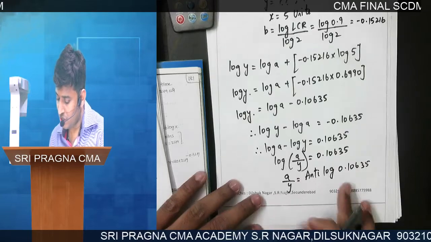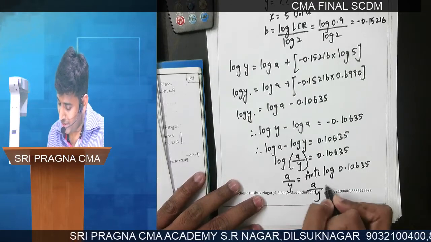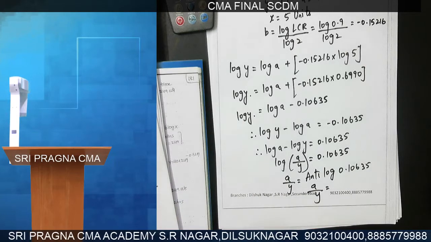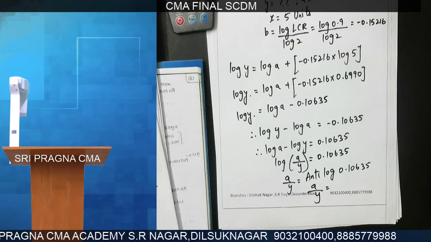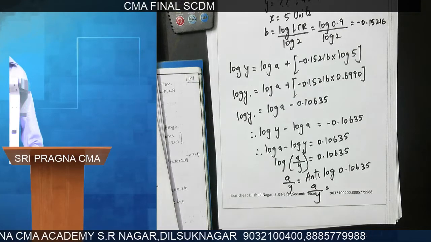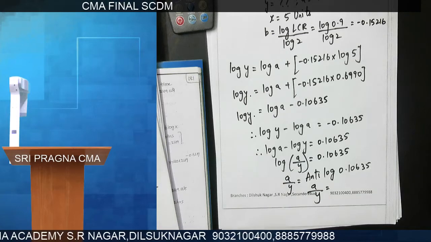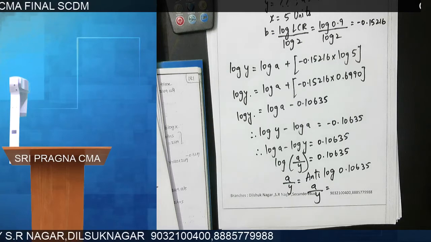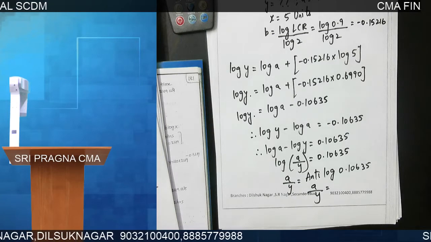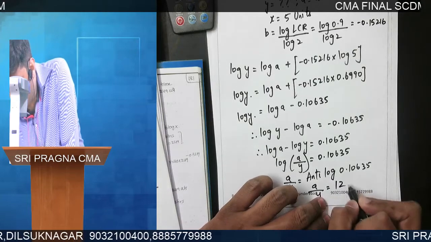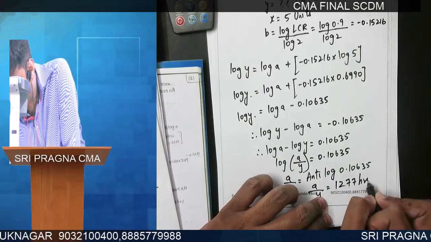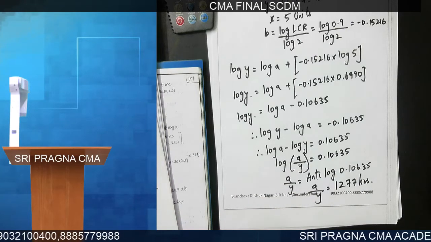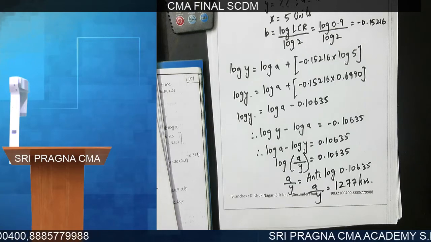Say yes or no. a by y, check here, come to the antilog table, under 10 under 6, 1 2 7 6, under 3, add 1, 1 2 7 7. Now we should put the point. What is the value? 0 plus 1.